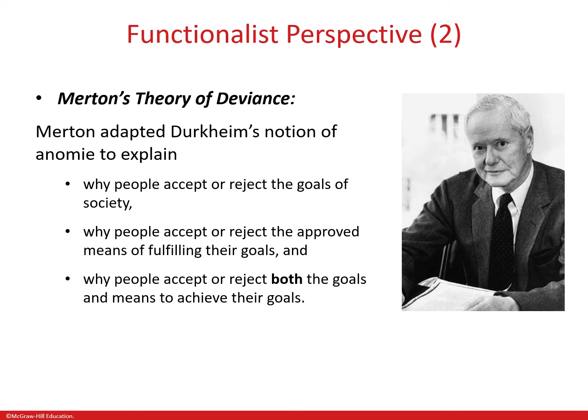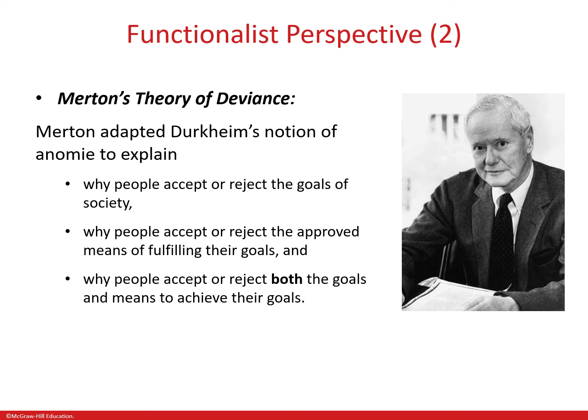Next, we have Merton's theory of deviance, from a very well-known sociologist by the name of Robert Merton. He adopted Durkheim's anomie to explain why people either conform or deviate from cultural expectations. He examined an important societal goal in the U.S., which is success.